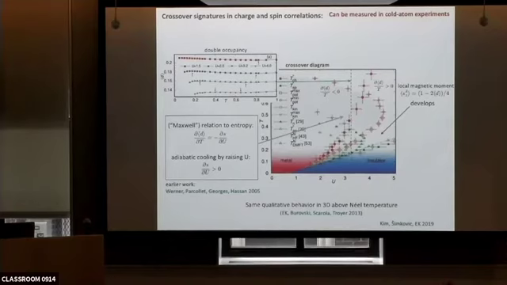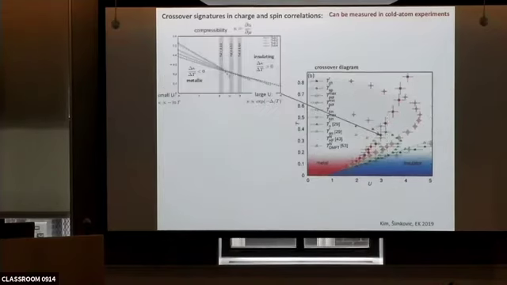Now, compressibility offers a more direct means of observing insulating behavior. In particular, in a half-filled metal, the derivative of compressibility with respect to temperature is negative. In the insulating regime, it is clearly positive.